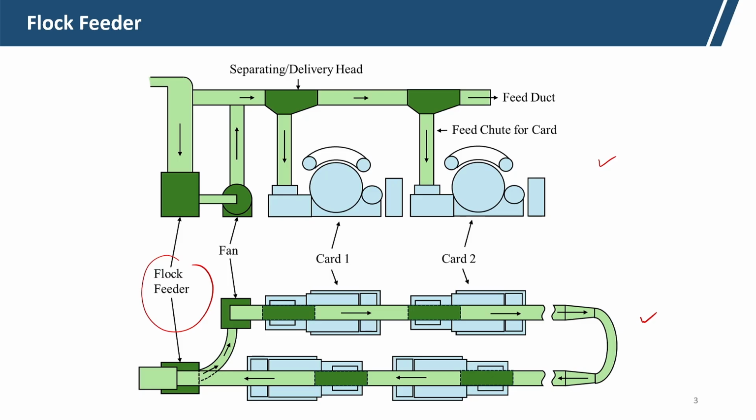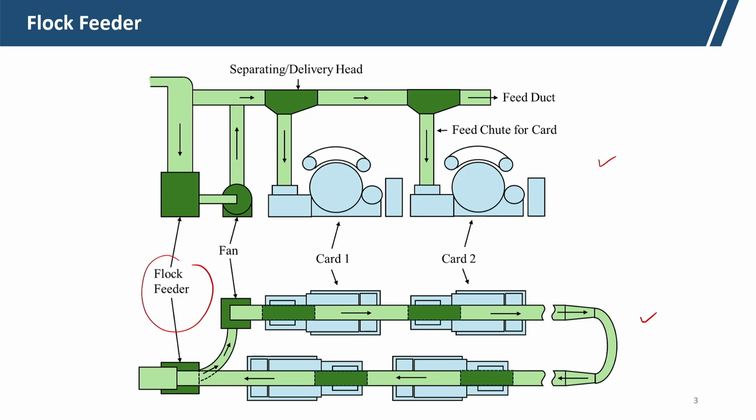Now, it goes to the flock feeder, which feeds the opened fiber to individual cards. It is not that the fibers are fed directly to the individual card in a straight fashion, but it goes in a single channel through air suction, and in this way it flows.